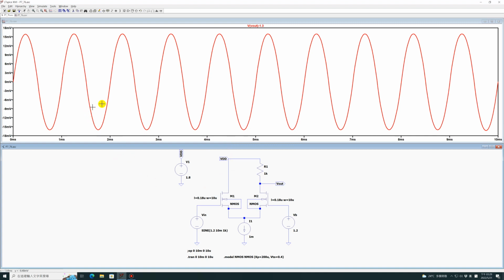So now it's the result, right? And I can also use a division of this.